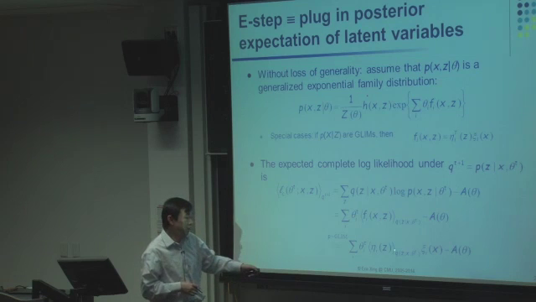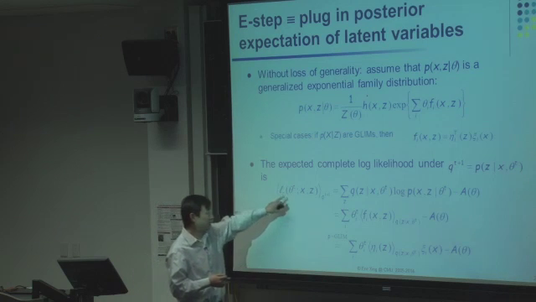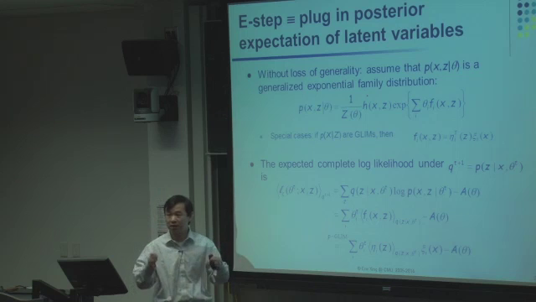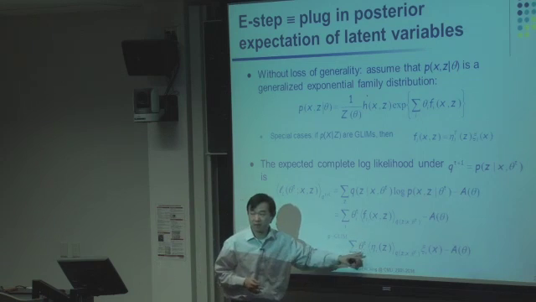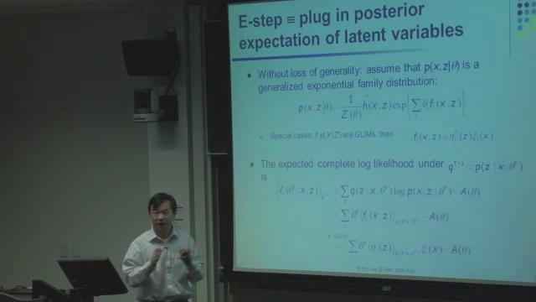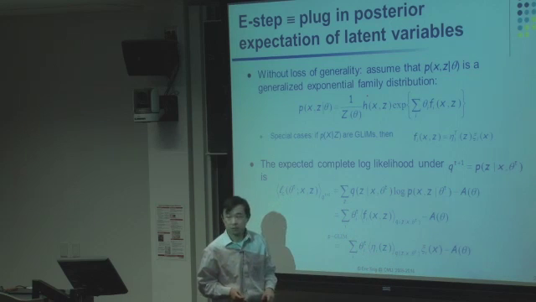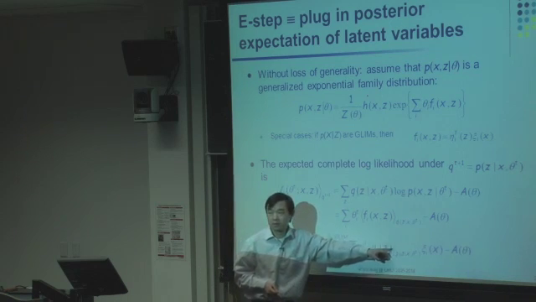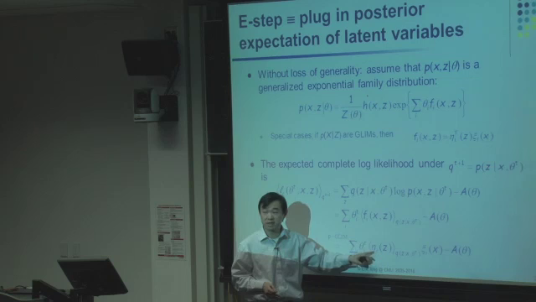So at the end of the day, it is a Gaussian function or an exponential family function, which gives you an extra benefit because you are talking about the log likelihood of that. Therefore, taking the log over a Gaussian or over a generalized exponential family function, you get a linear combination of sufficient statistics. You don't have any other nonlinear terms. Then taking the expectation over that is really about taking the expectation over this one. This one is the sufficient statistics of the Z. Okay, not really the Z itself.